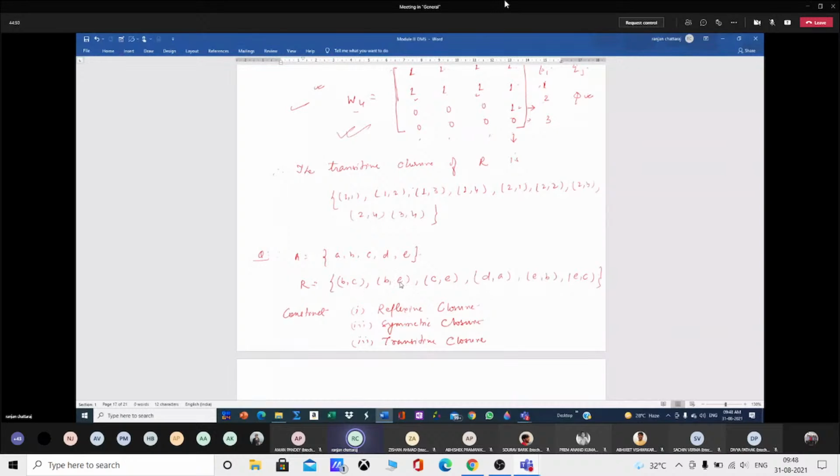CE, so EC is here, leave it. DA, then AD should be here. So you have to include CB and AD to construct the symmetric closure. For the transitive closure, you should use Warshall's algorithm.